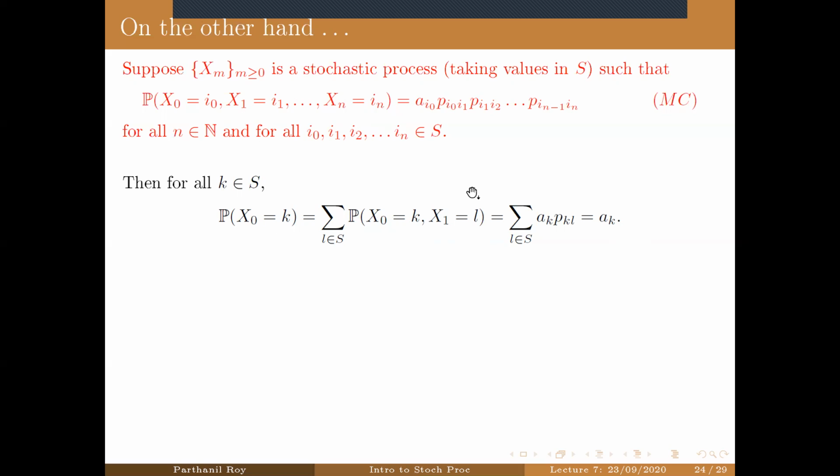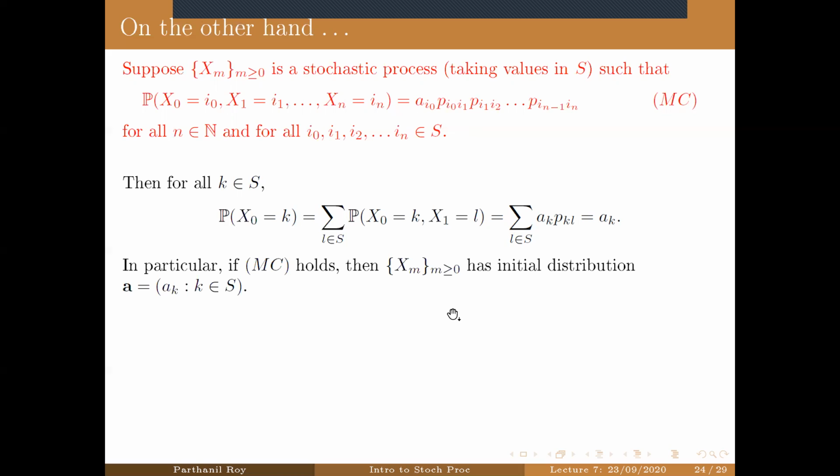This is true for all n, so let's use it for n equal to 1. This will give you a_k times P_kl. Of course, this is a sum over l, so a_k will come out and this will become a sum over l of P_kl. Now the sum over l of P_kl is 1. We know that, P is a transition matrix. So therefore, this is a_k. So in particular, what this tells you is that if MC holds, then x0 has initial distribution A.